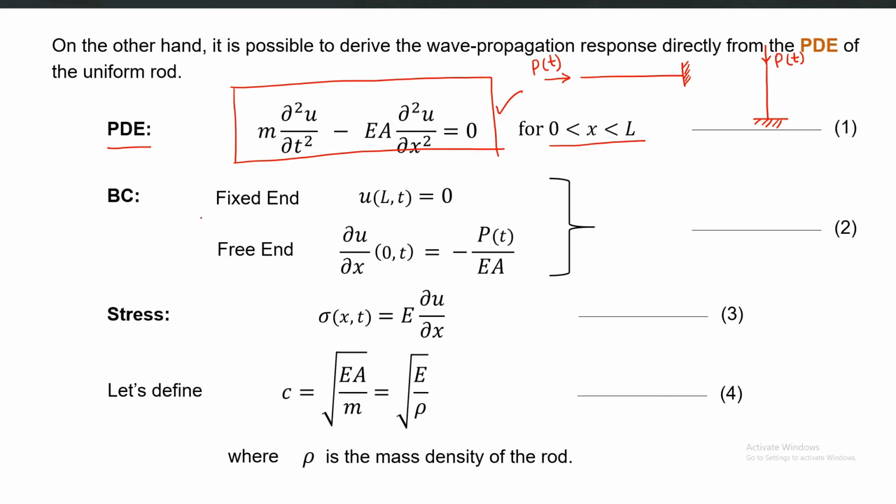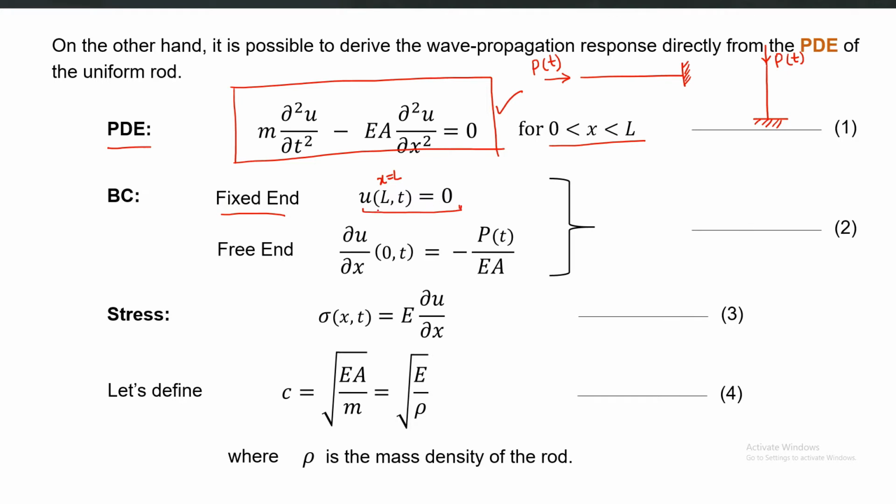Now the boundary conditions which this uniform rod has: at the fixed end, we know that the displacement is 0. So u at x equal to L comma t will be 0, for all time instances.